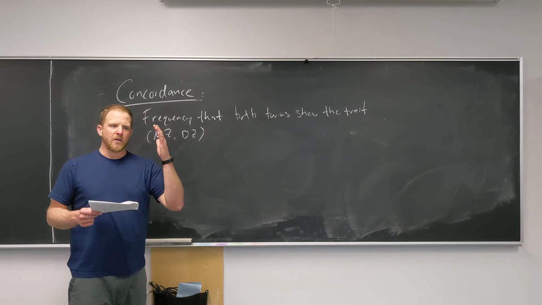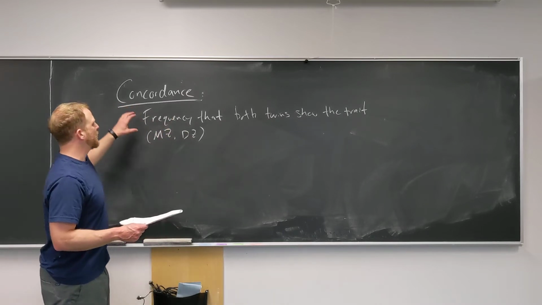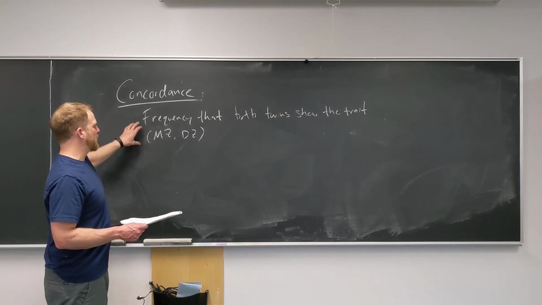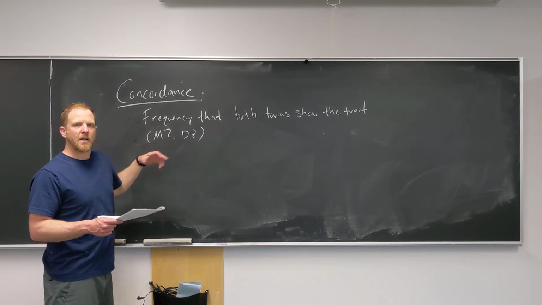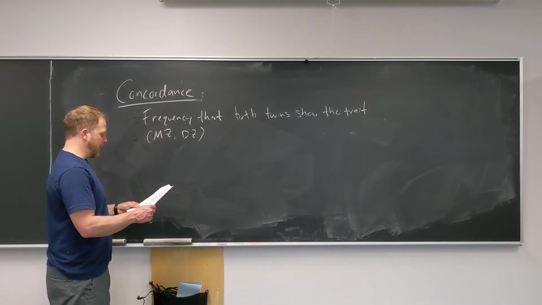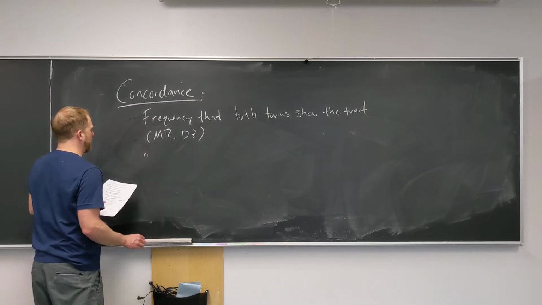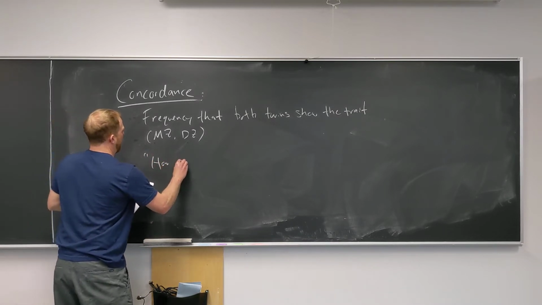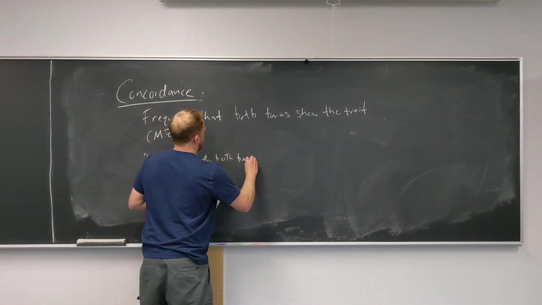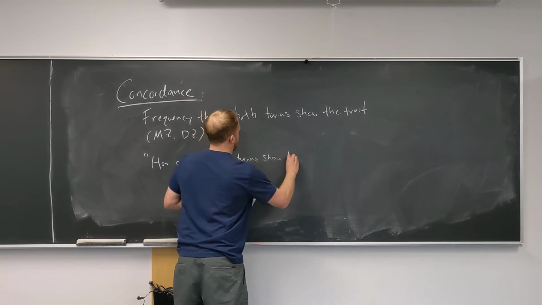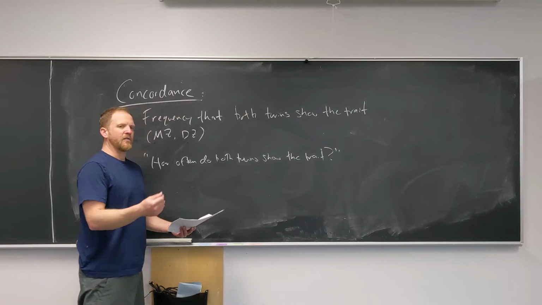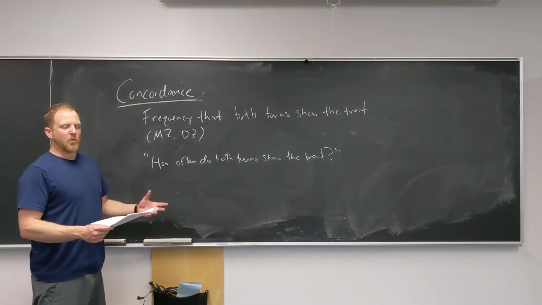We're looking at whether you have heart disease or you don't. So concordance is the frequency that both twins, whether monozygotic or dizygotic, have heart disease. We're not measuring a slope here. The simple way to think about this is how often do both twins show the trait. That'd be a really informal way to think about what concordance is measuring.